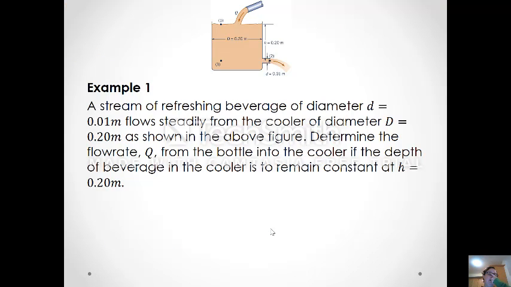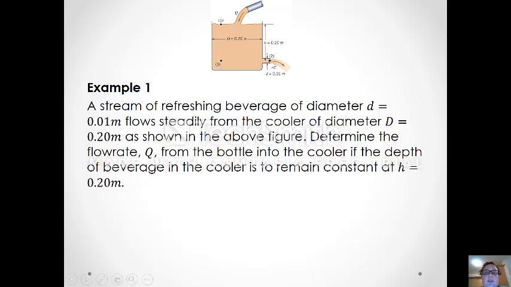Now let's take a look at an example. Here's the graph, and here's the description. The description reads, a stream of refreshing beverage of diameter d equals 0.01 meters. Let's see what that little d is. That's down here, okay.